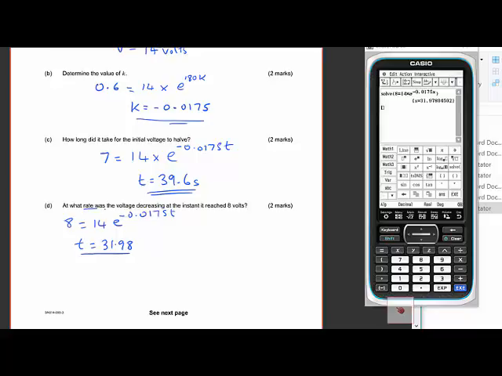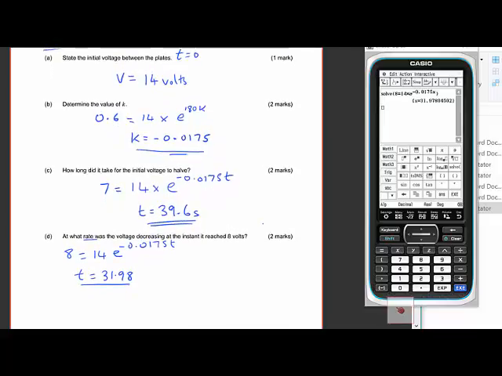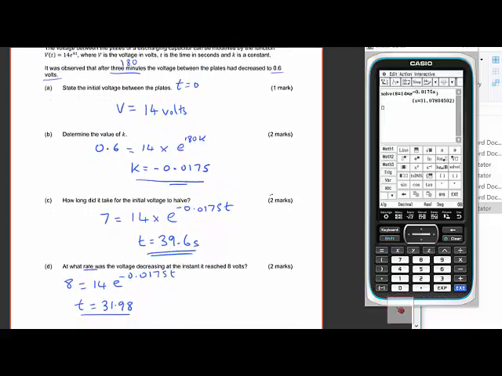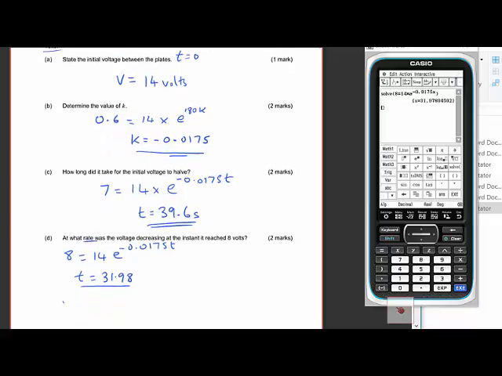Now rate means we need to differentiate. So we have V is equal to 14 e to the negative 0.0175 t.